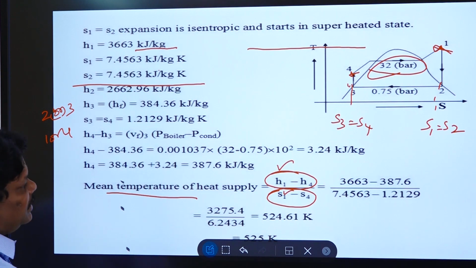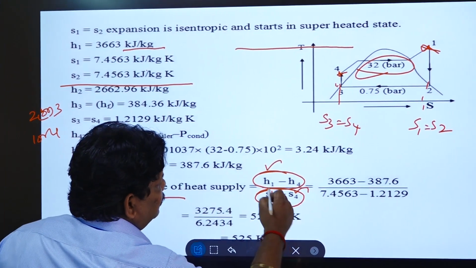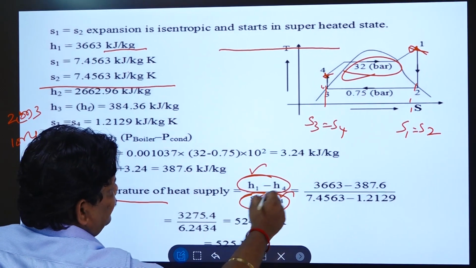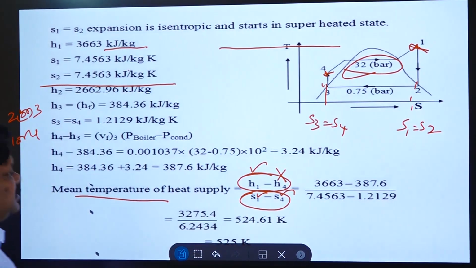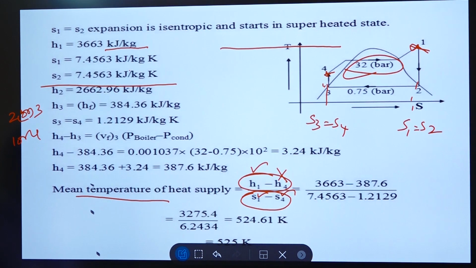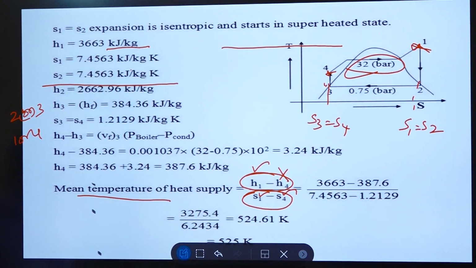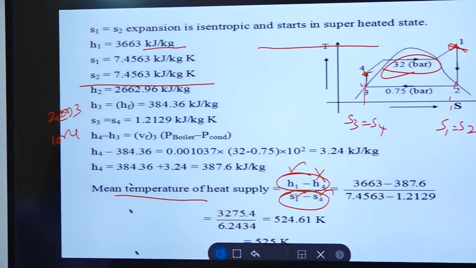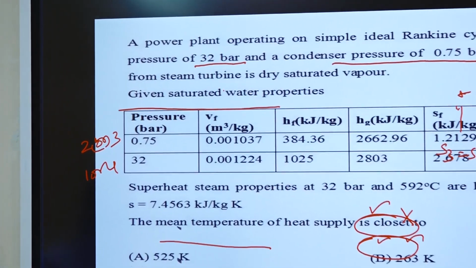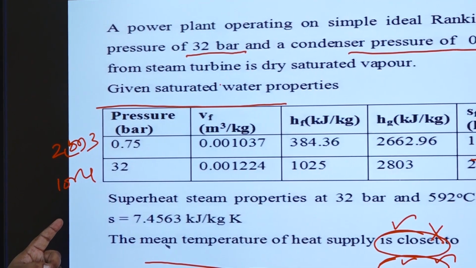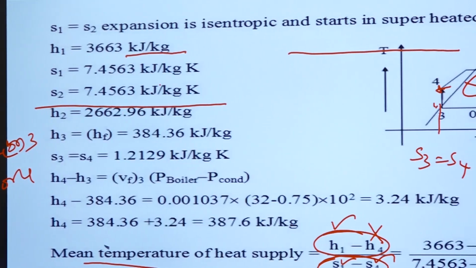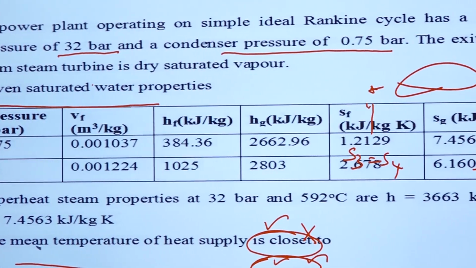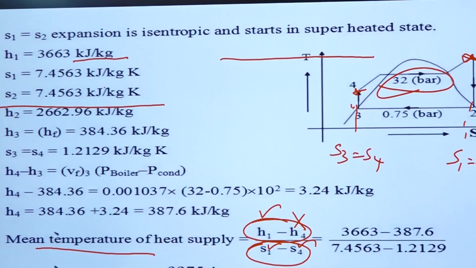Now you know the value of H1, everything. The only unknown is H4. How can you find the value of H4? You have to look at the given data. When you look at the given data, you can see that the pressure is given to you, boiler pressure and condenser pressure. So you have to relate this.